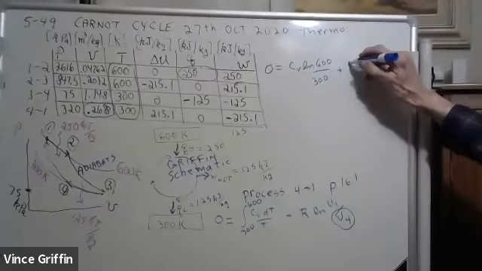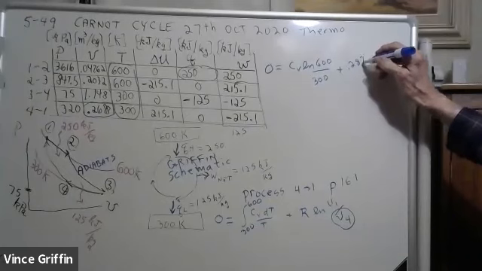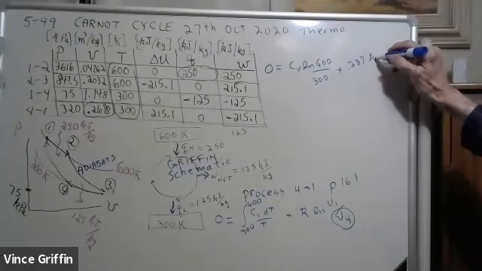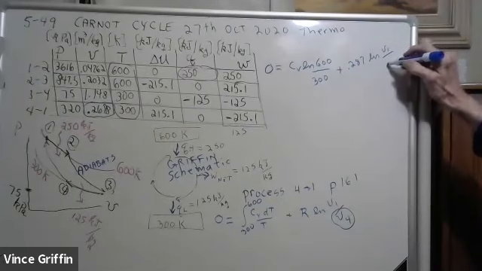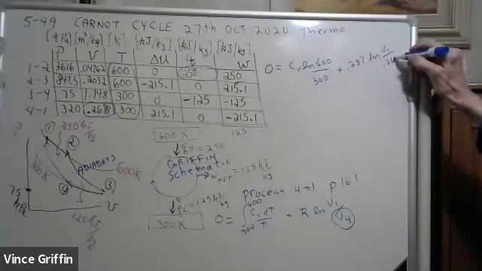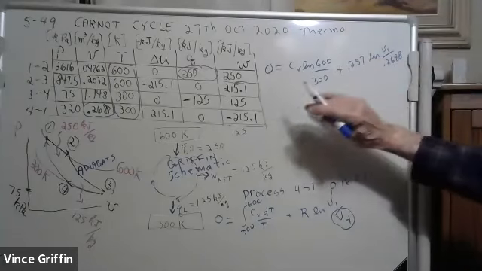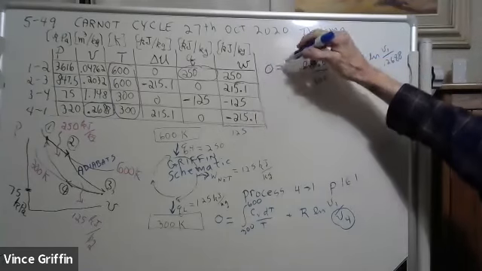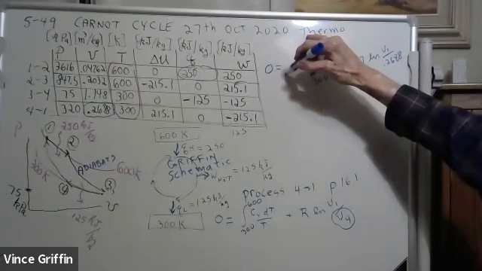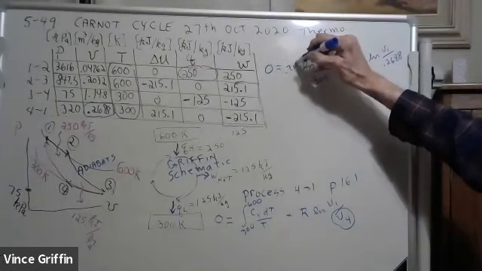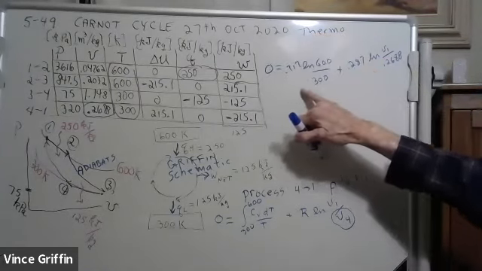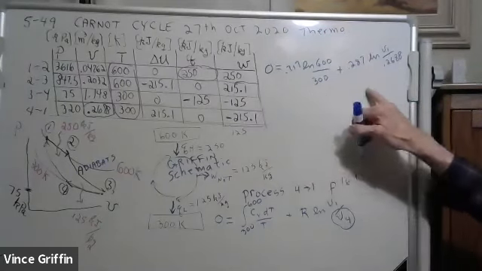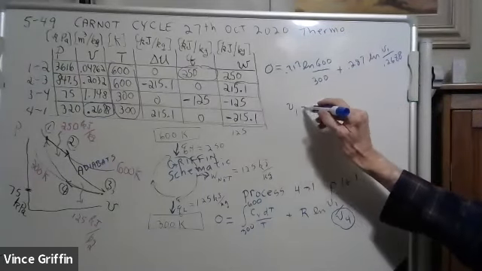So R is 0.287, natural log of V1 over V4, which Mohammed knows is 0.267. We could go back and find V4 if anybody wanted me to. But see, this is C sub V. I know what that is for air. It's 0.717, isn't it?